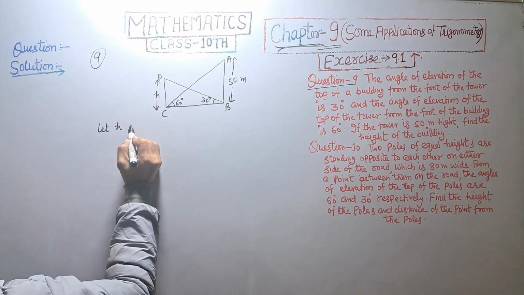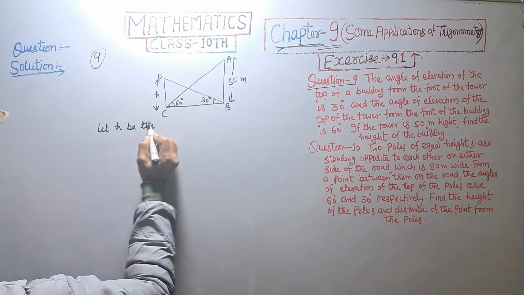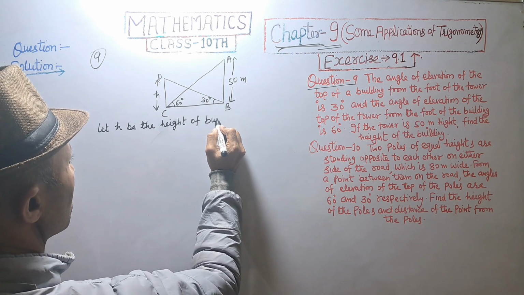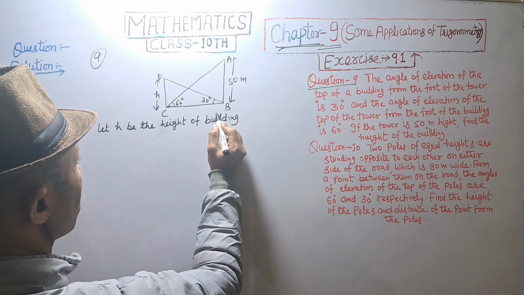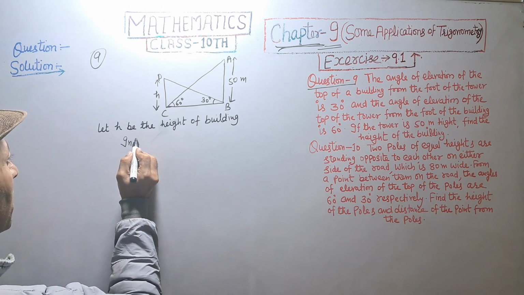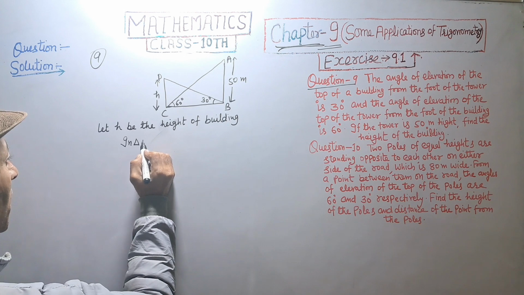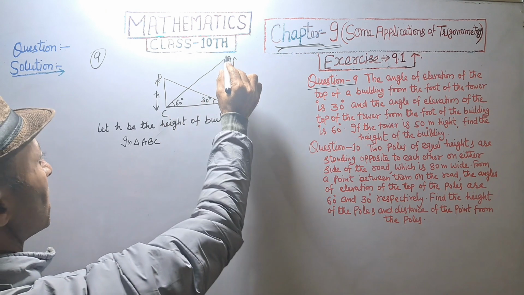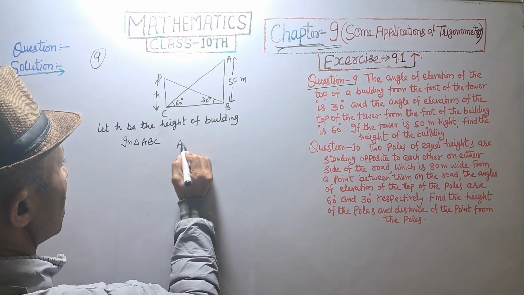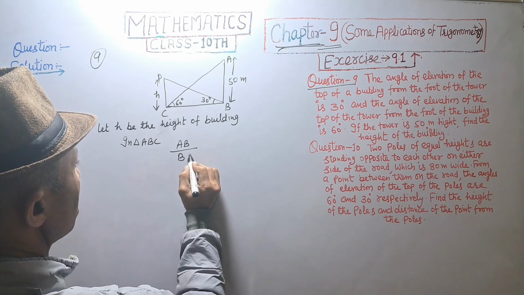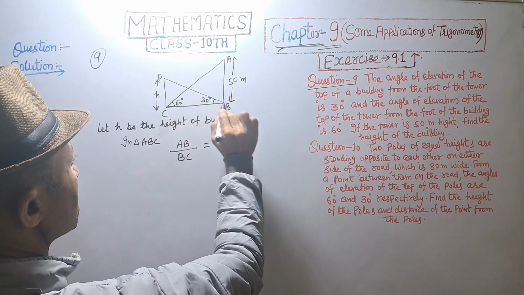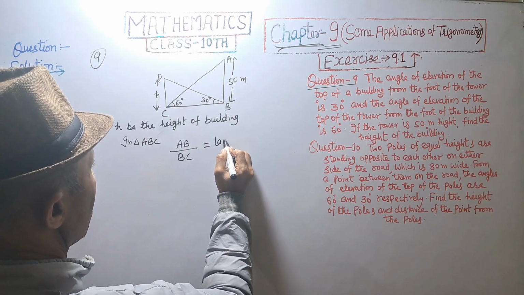Let H be the height of the building. In triangle ABC, AB upon BC is equal to perpendicular upon base, which is equal to tan theta.